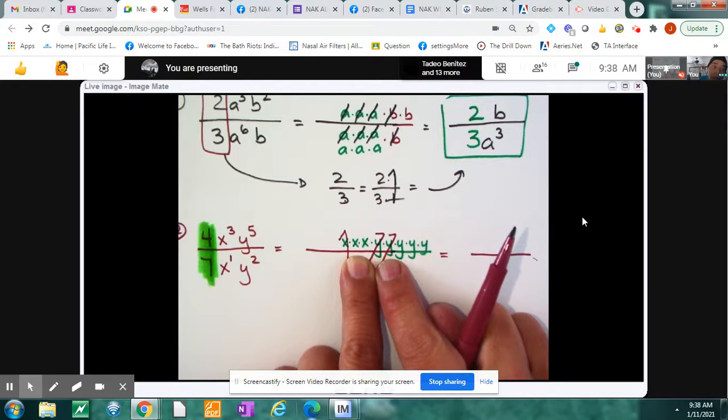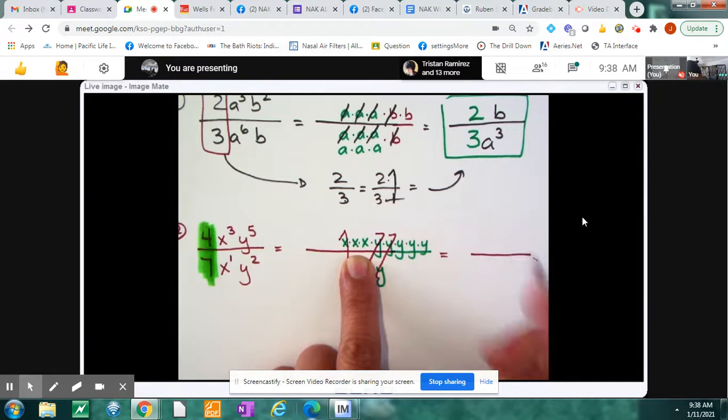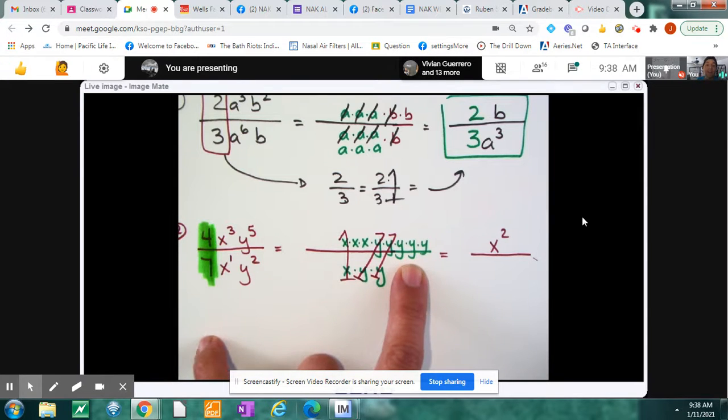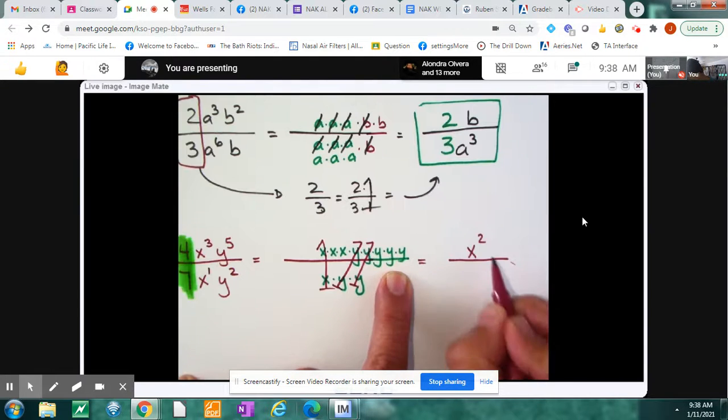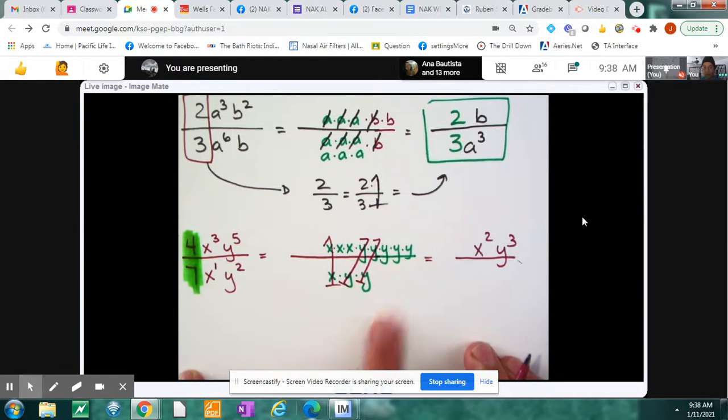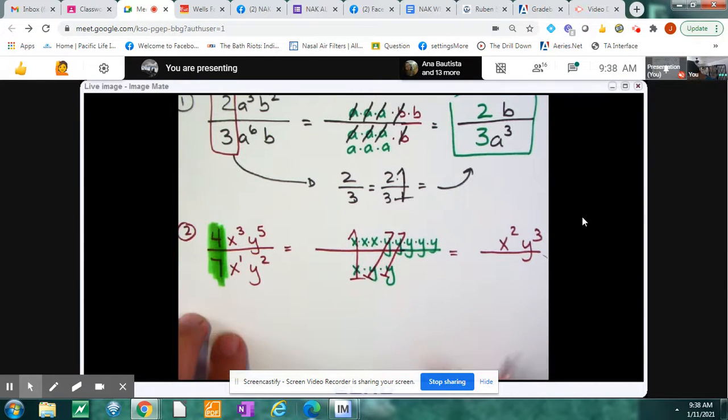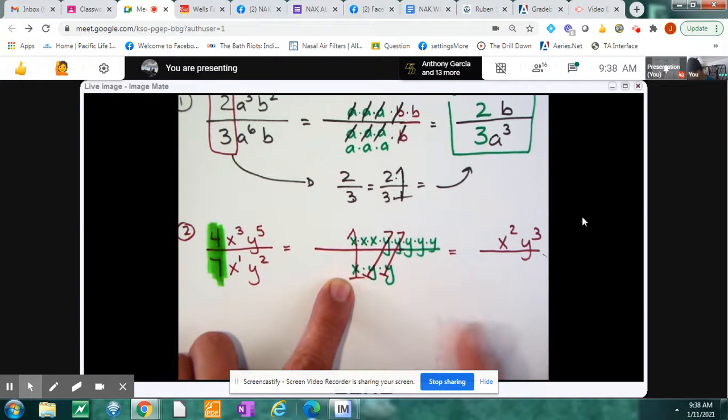Ooh, no. X times x is x squared. Let's try the next one. What about y times y times y? Is it 3y or y to the third? There you go. Good job. Now, what's left over on the bottom? There's nothing, so I'm going to put a 1.